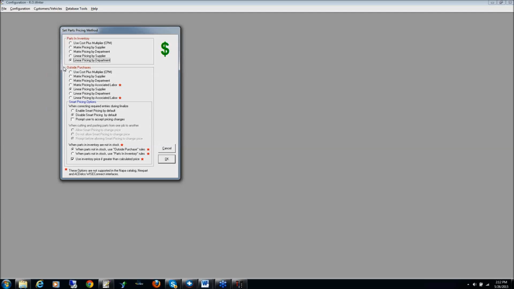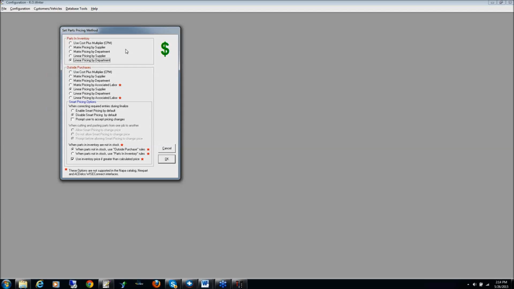So as we look at our pricing rules, it's parts and inventory versus outside purchase. So that's kind of the first differentiation between the two. Then underneath each pricing method, we have a handful of different ways that we can use smart pricing. Starting with the very first one at the top of my parts and inventory screen, which says to use a cost plus multiplier.